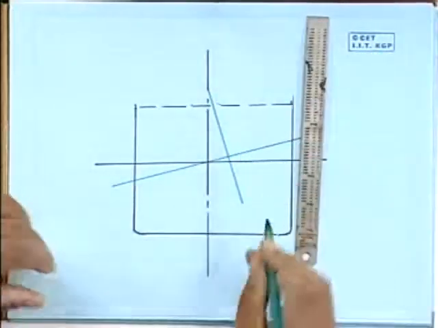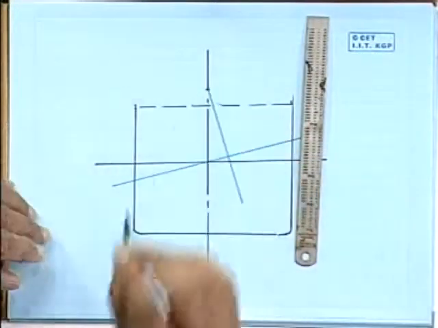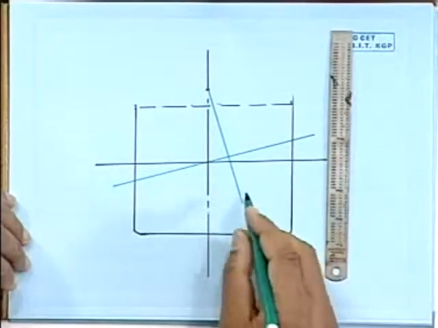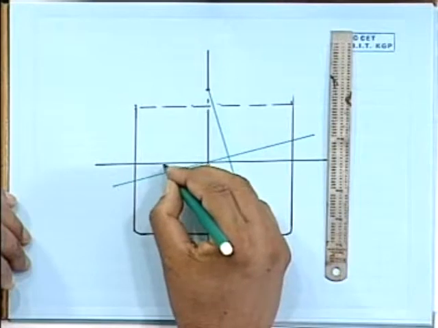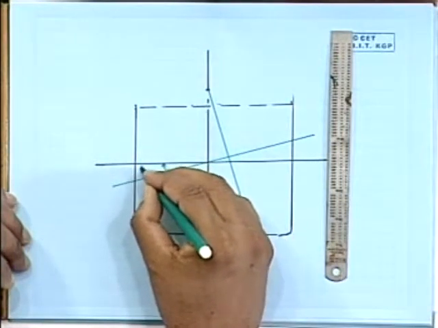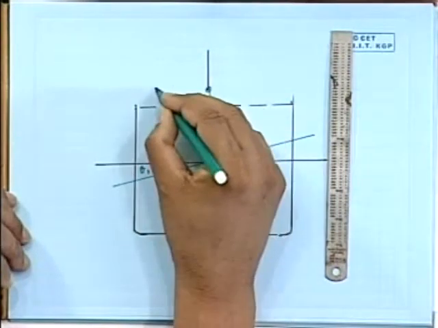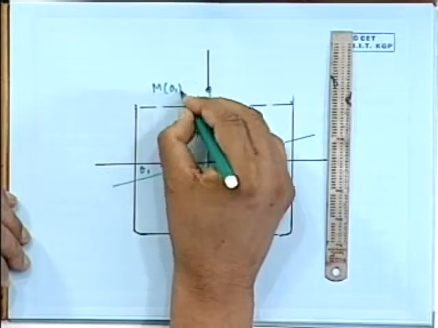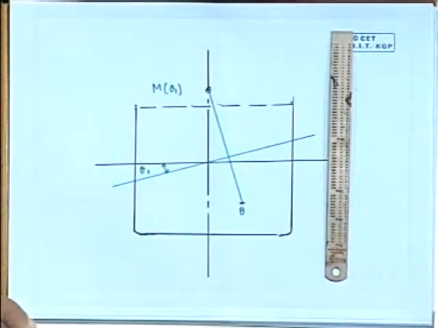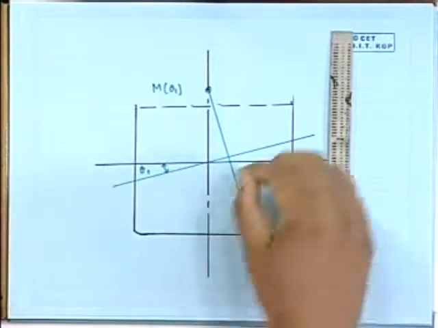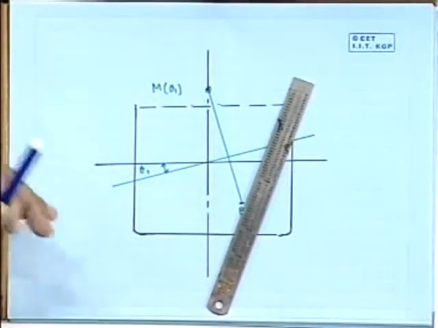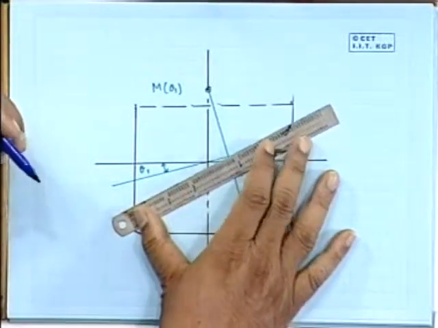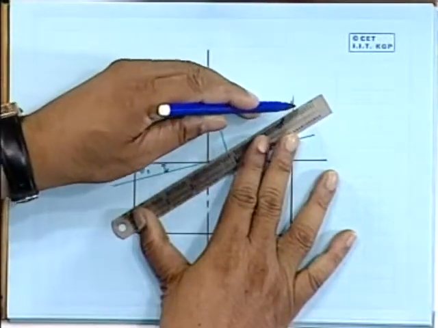Just drawing hypothetically, this is my intersection through the center of buoyancy of this inclination. Say this is theta 1. This point I will call M theta 1. By definition, the intersection point is the metacenter.